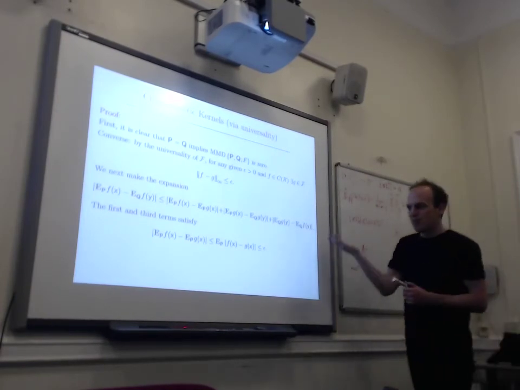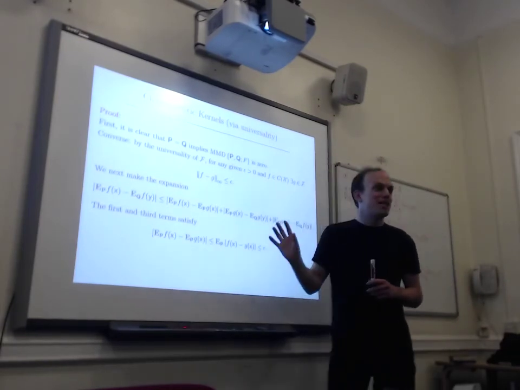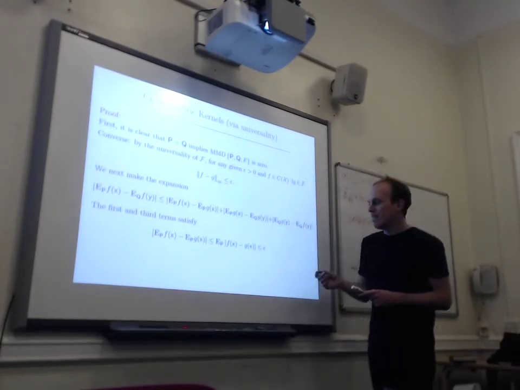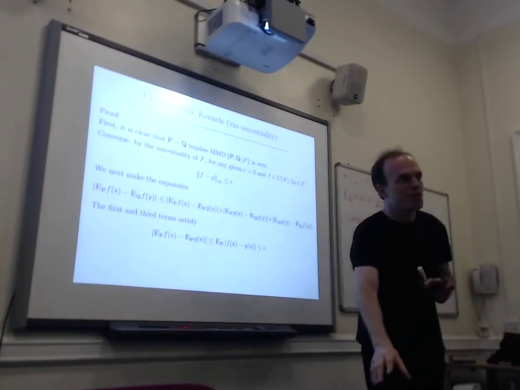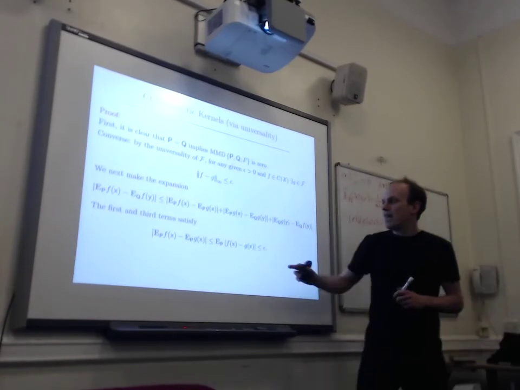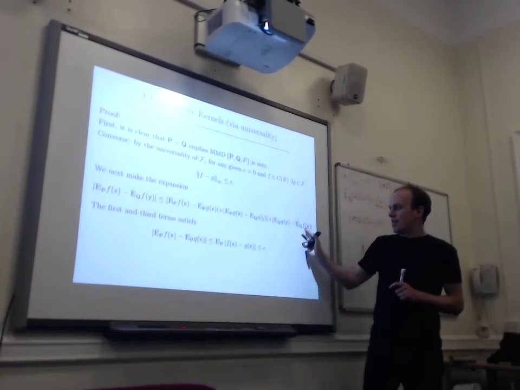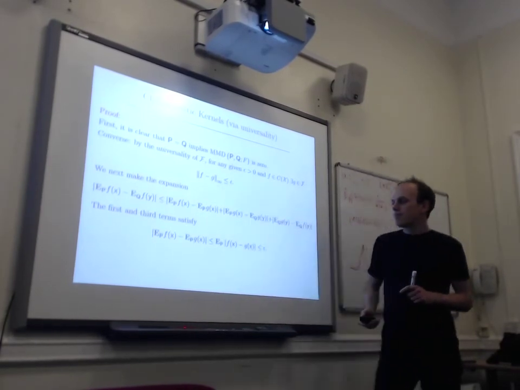So the distance between their expectations has to be smaller than that. Okay, because epsilon is the worst possible distance between the two. So this is going to be less than epsilon, and this is going to be less than epsilon, because of this property here.